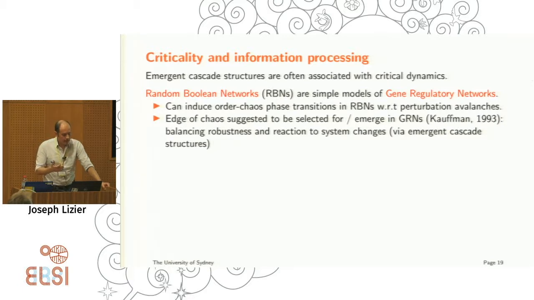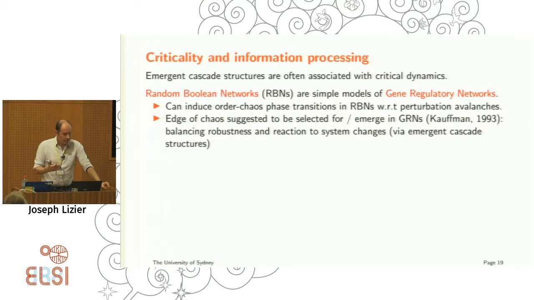Now here, you can induce order-chaos phase transitions in RBNs with respect to perturbation avalanches as the order parameter, and you can do that with various control parameters, including changing the activity in the network. You could go from very low activity states, which typically have very ordered dynamics, to you can tune that to being very high activity states, which typically have very chaotic dynamics, and you'll have a critical point in the middle where you start to get scale-free structure in the perturbation avalanches here.